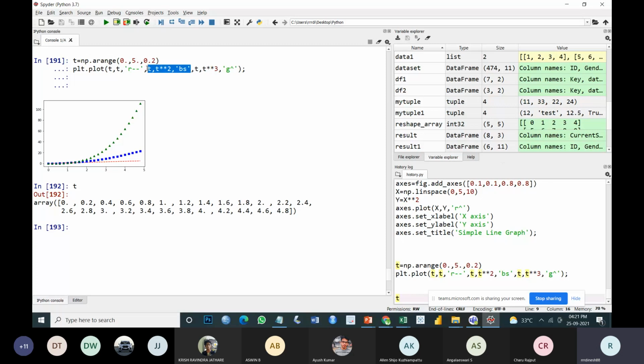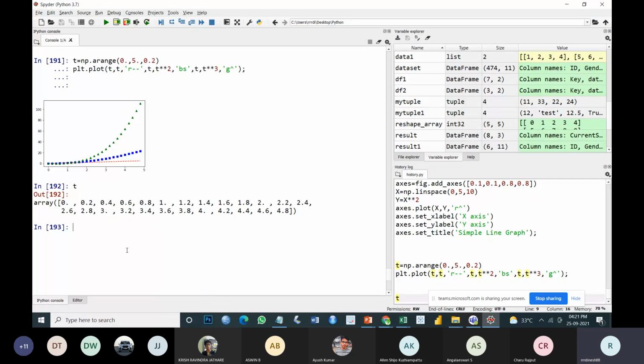Bs means blue square. Then t comma t cube comma g pyramid, green color pyramid. That is a multi-line graph.